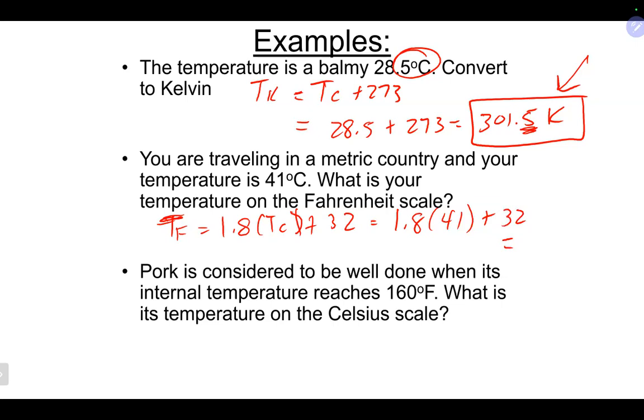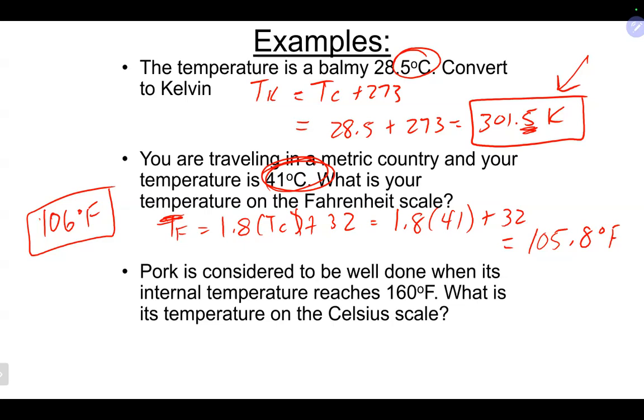That's going to give us 1.8 times 41 plus 32, which gives us 105.8 degrees Fahrenheit. Now on this particular one, if we look at our original number, it is a whole number. So we would want to round this one to a whole number, and we would want to end up at 106 degrees Fahrenheit, again following that rule of making our converted number look like the original number. Any questions on that one there?